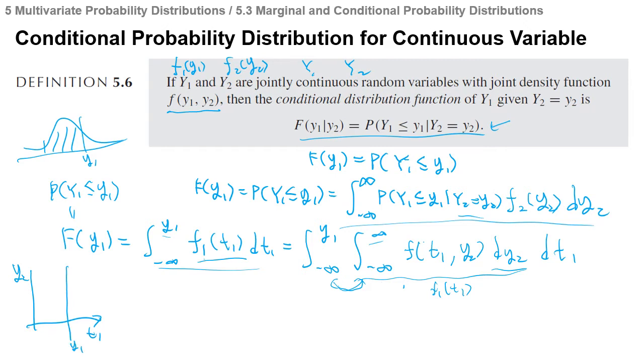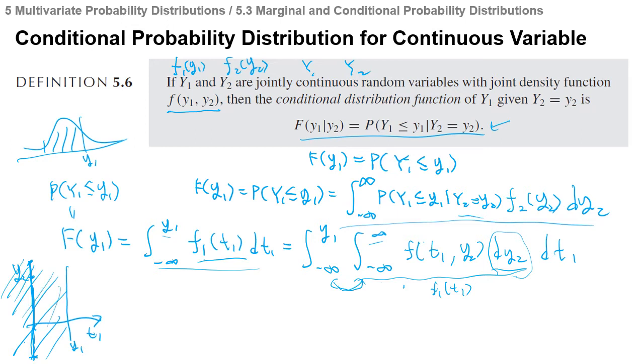And the dy2 integration is from minus infinity to infinity. So the area is this one. For a given dy2, the integration is from minus infinity to plus infinity, and along this line we are integrating with dt1 from minus infinity to y1.